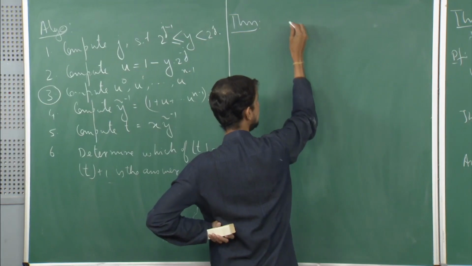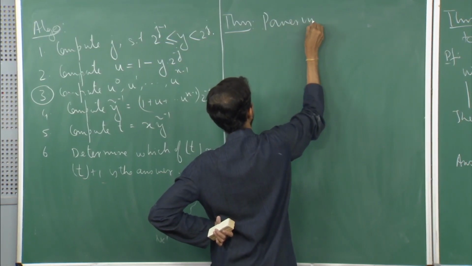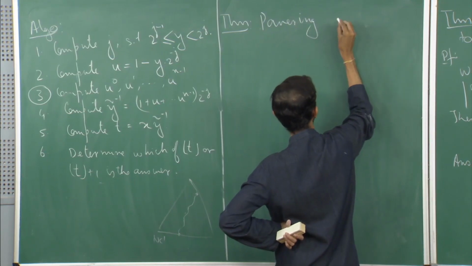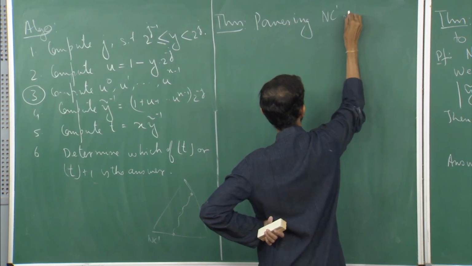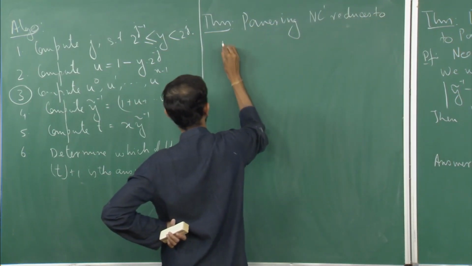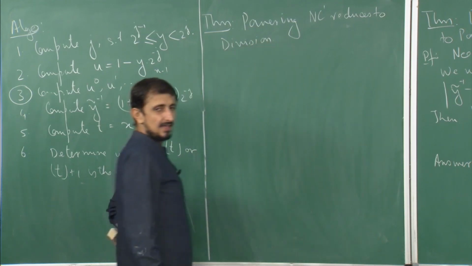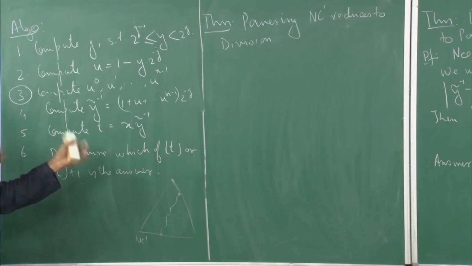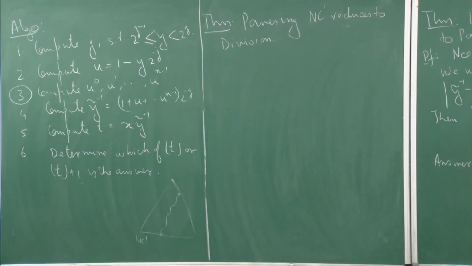Now let us look at the other direction, that is, powering NC1 reduces to division. Essentially here what we will do is the entire thing in reverse in some sense.